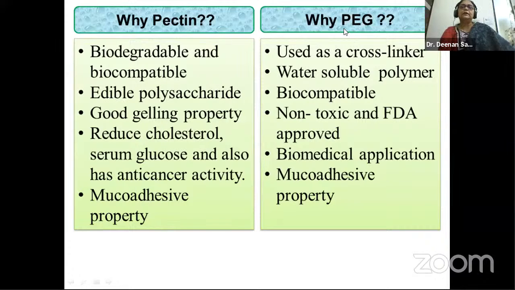Pectin is a macromolecule, and PEG is used here as a cross-linker. For any hydrogel we need a cross-linker, only then is it possible to make the hydrogel. PEG is a water-soluble polymer, biocompatible, non-toxic, and FDA approved, with biomedical applications and mucoadhesive properties.